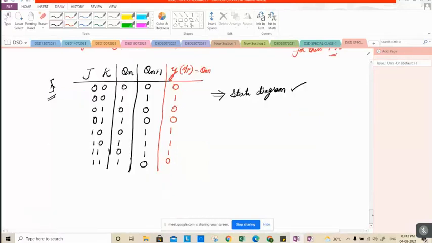Similarly for the D flip-flop, you will have a D, you will have a Qn, you will have Qn plus 1 and now consider some output as Y. And for T flip-flop, T, Qn plus 1 and some Y value.